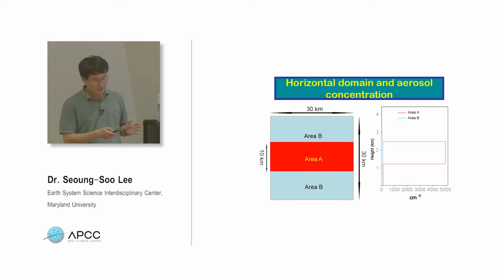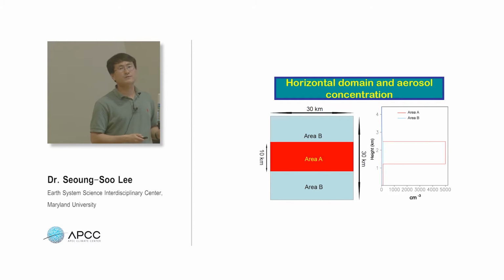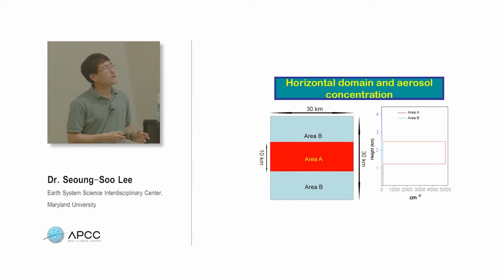With this gradient, the simulation is first performed, referred to as aerosol gradient, and then repeated with area B's condition. This is low aerosol concentration extended to all parts of the domain. So in this repeated run, the aerosol concentration is just around 50 per cubic centimeter throughout most of the boundary layer.